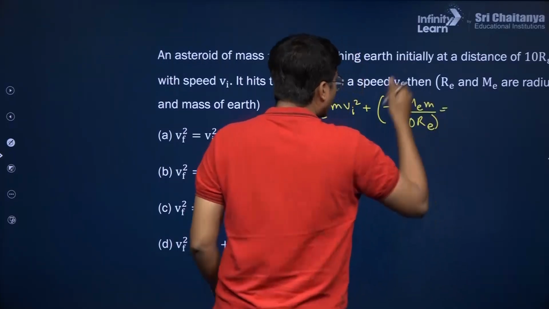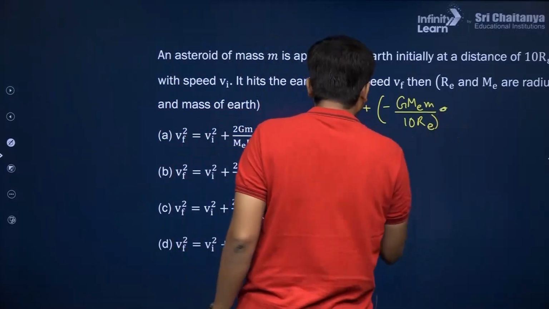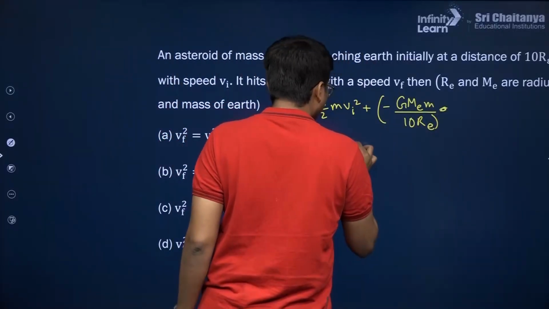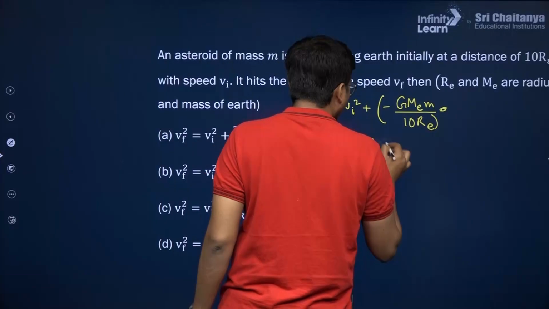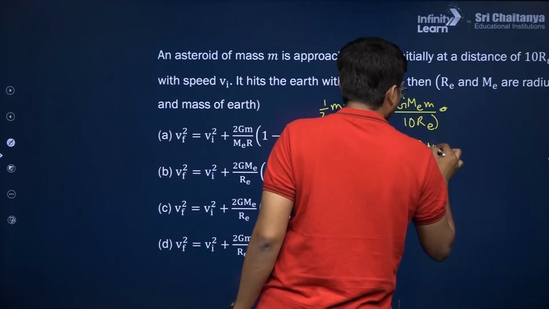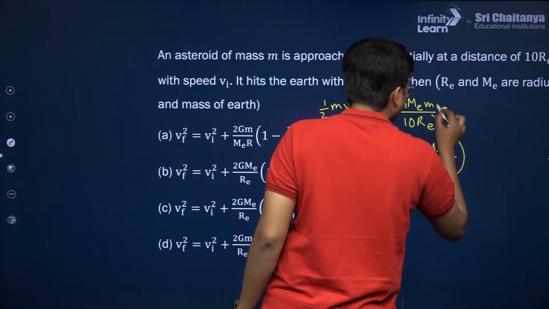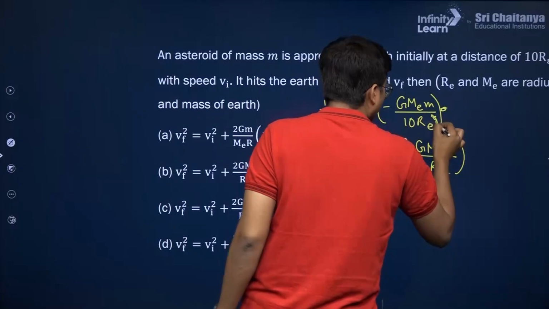And when it has come close to the surface of the Earth, the energy should be equal. So this should be equal to half m vf square plus minus G m Me divided by just RE, because now it's at the radius of the Earth.